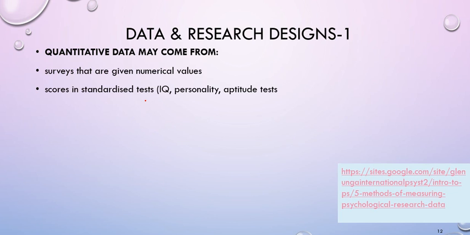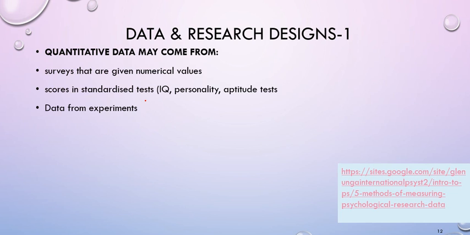So the IQ test, the personality test, the aptitude test that I'm using to see if I'm good for a job, if I'm good to be a fireman or policeman. We're going to discuss all these tests later in personality, and in the website there are more details on each one of them.